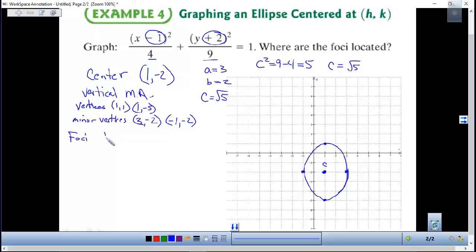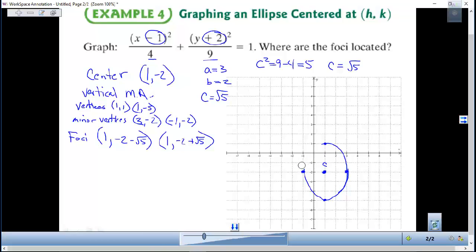So we're going to have (1, negative 2 minus the square root of 5). That's all you've got to do. You do not have to come up with a decimal. And then (1, negative 2 plus the square root of 5). Now, once again, remember, I'm changing the y value because my major axis is vertical in this case.